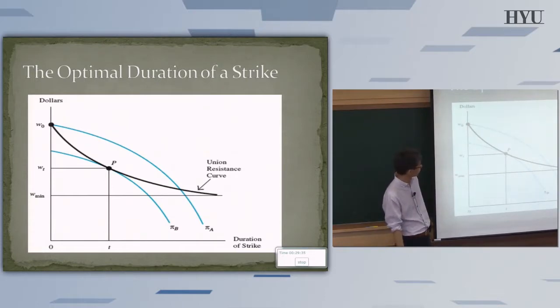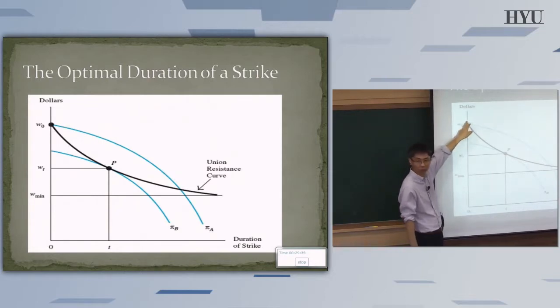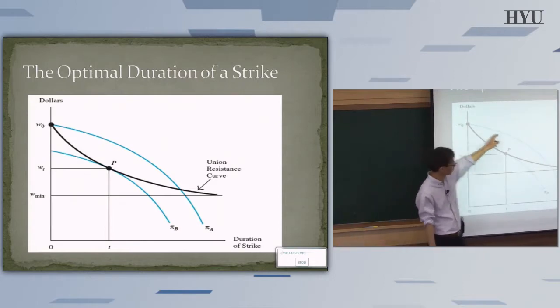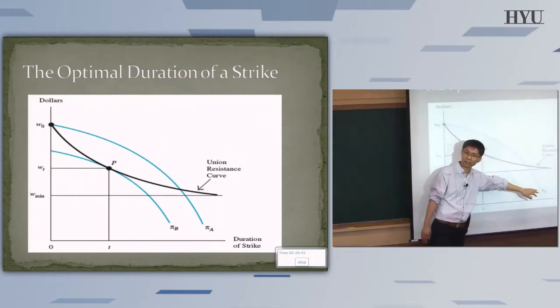So what it shows here is that if the management gives in to the union's demand as soon as the union goes on a strike, so they take the union's initial demand and give it right away, then their profit is going to be pi A. But that's not optimum.